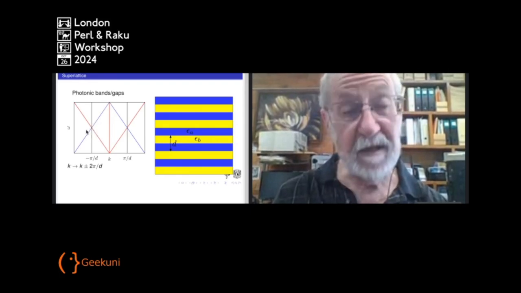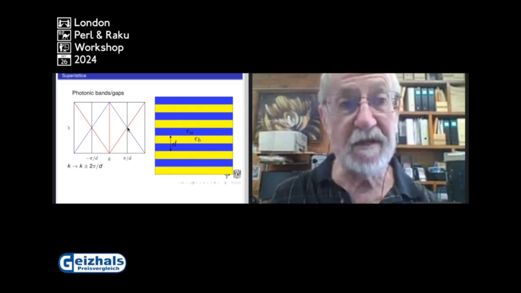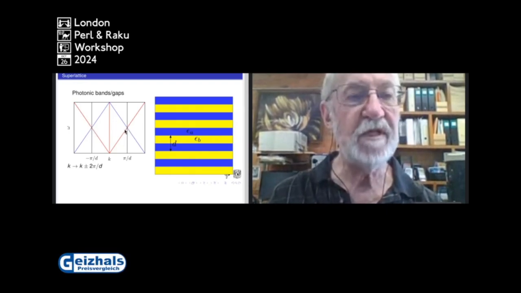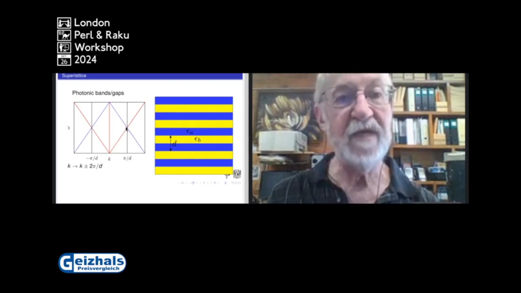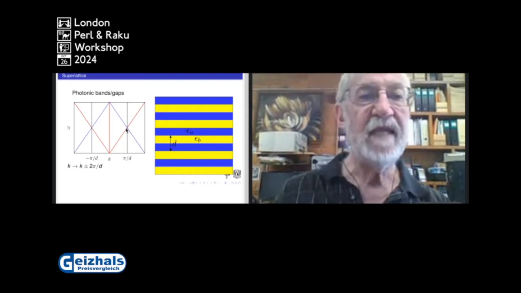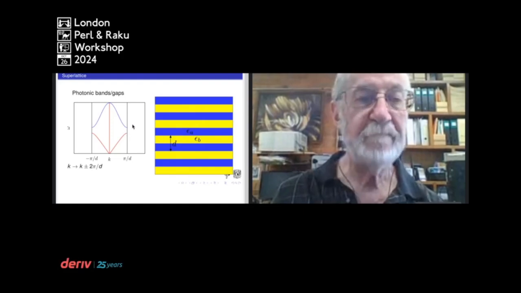And this leads to these points where the two lines cross, and these points correspond to the degenerate states that can be coupled with one another and that have the same frequency. The coupling destroys the degeneracy and opens a gap.